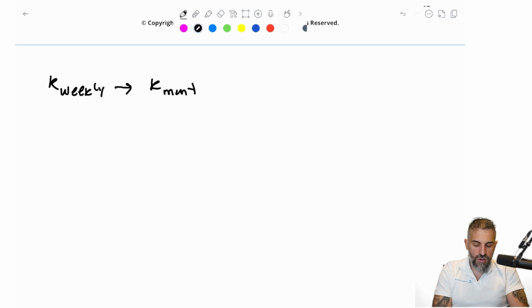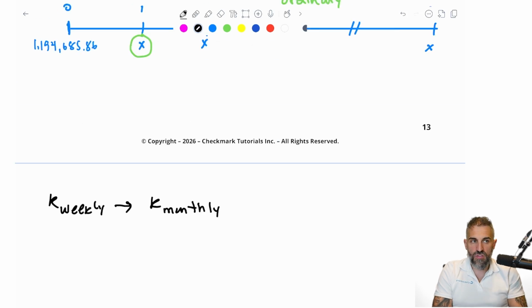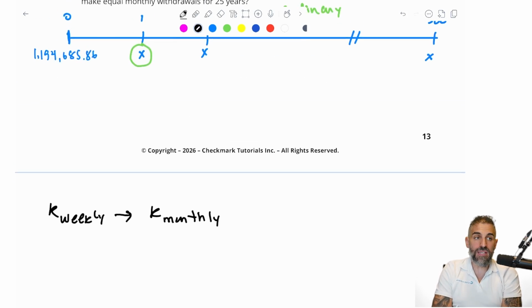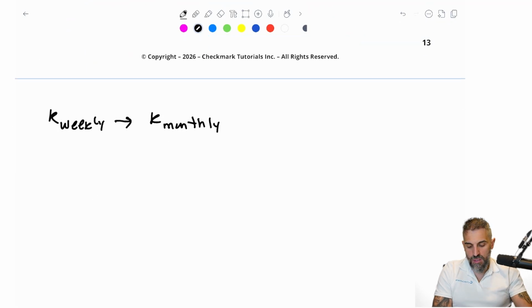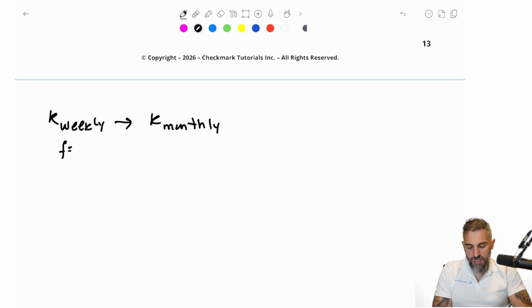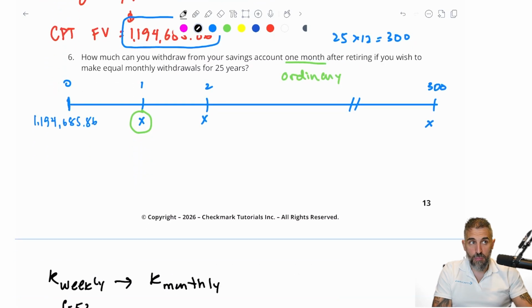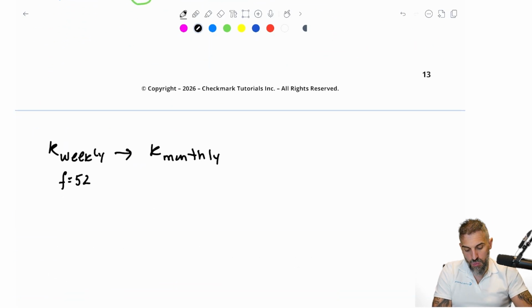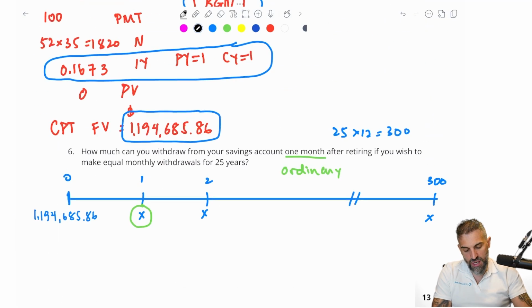Why? It's a very important rule when you're dealing with all of these types of questions, is that your K, your effective rate, has to match the frequency of your payment. So here you had an F of 52, but in this portion of your life, your payments are monthly, right? Your F is 12 because you're going to make monthly withdrawals. So you can't use the 0.1673. Where is it? Hold on.